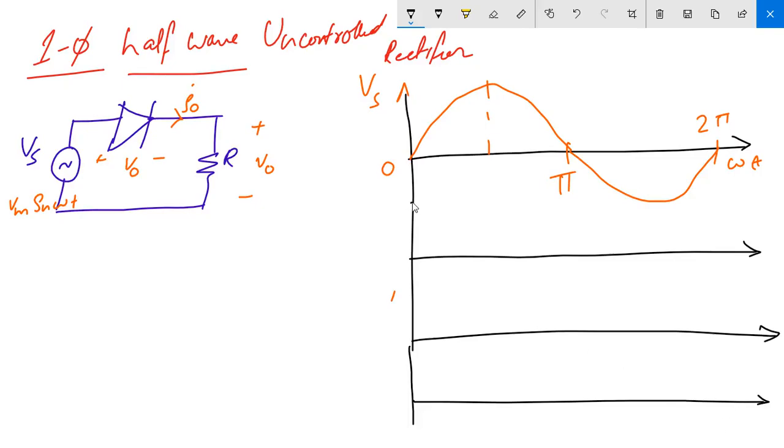So this will be your V naught, this will be your I naught, and this is your VD, the voltage across your diode.